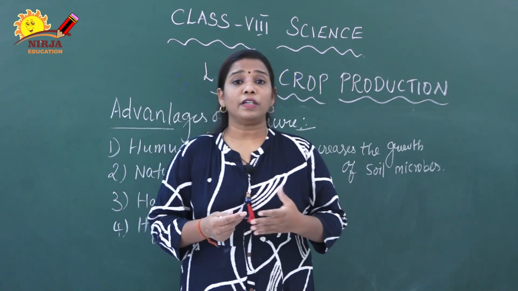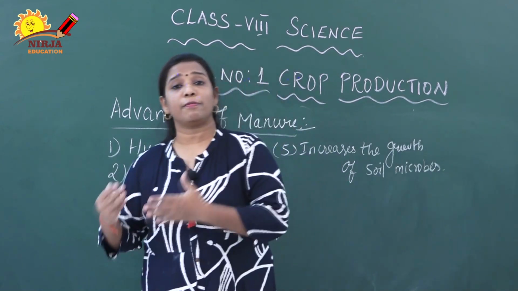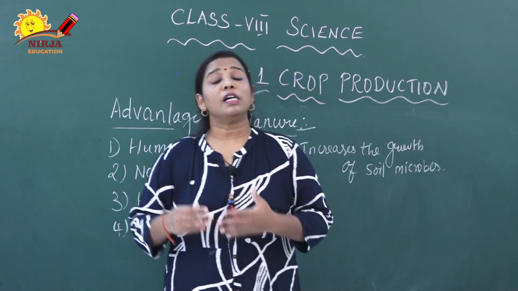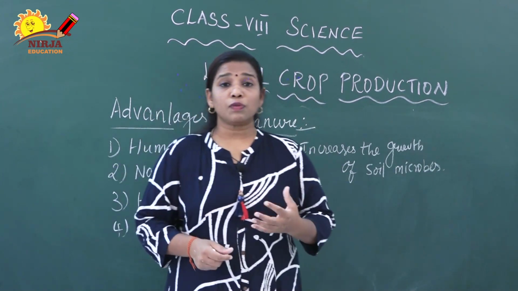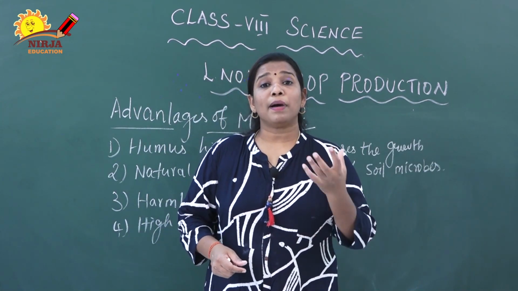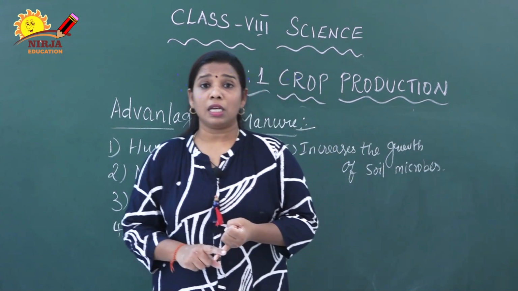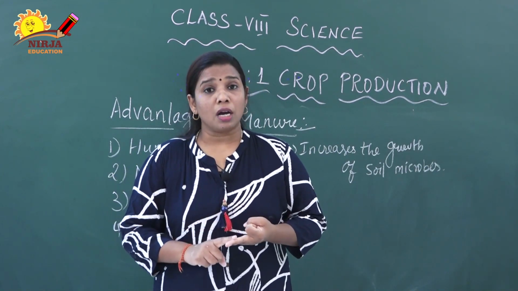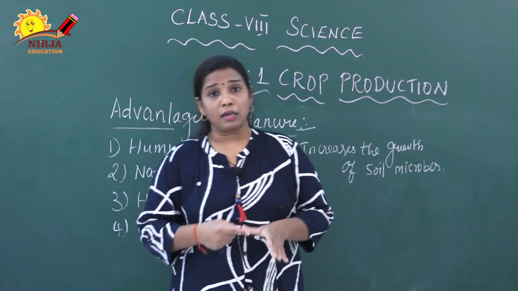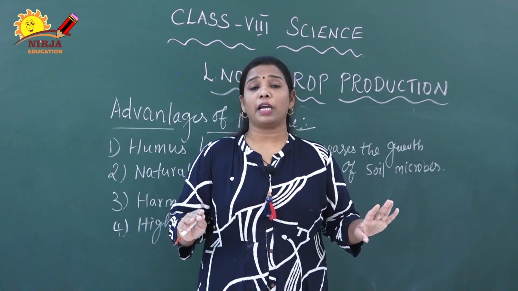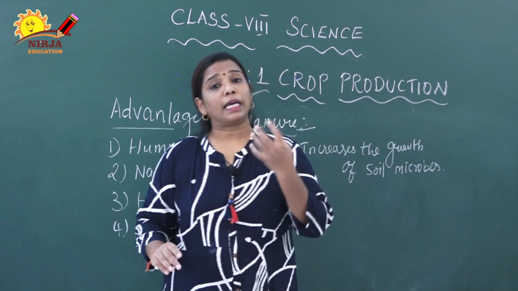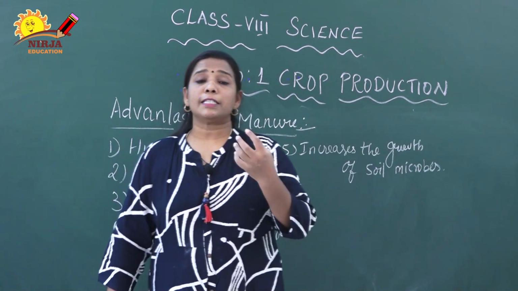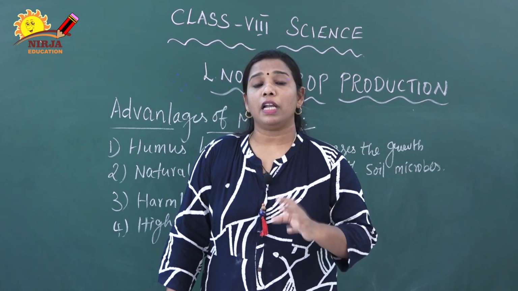So we can say fertilizer is an artificial or chemical substance. This fertilizer is prepared with the help of chemical substances like urea, potash, ammonia, sulfate, nitrate. If we prepare chemical substances from these, that substance is called fertilizer.